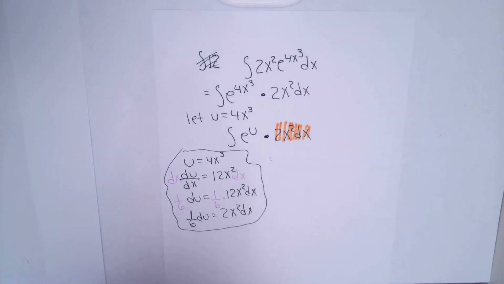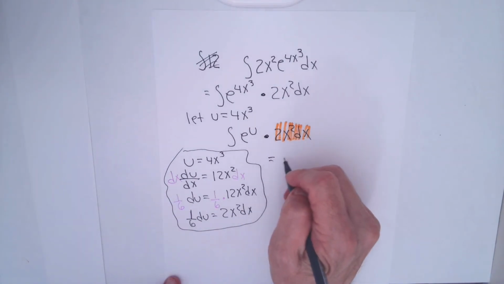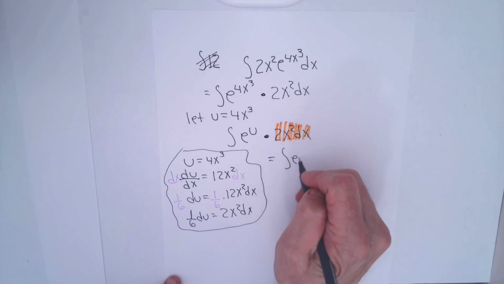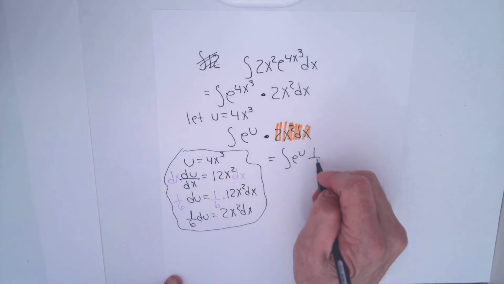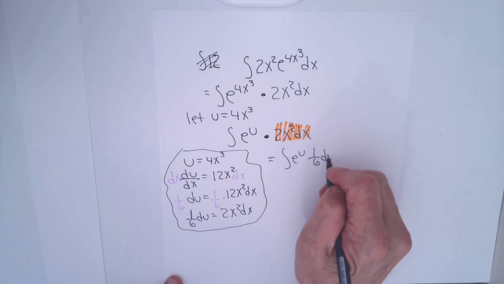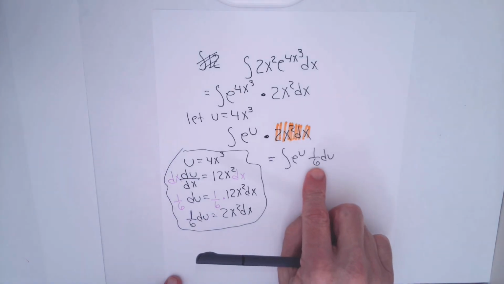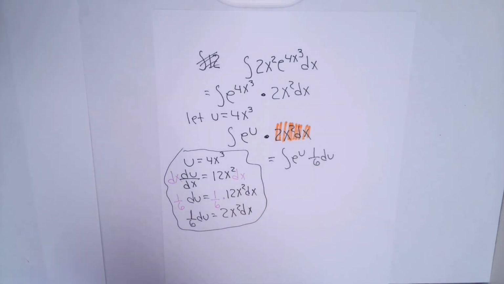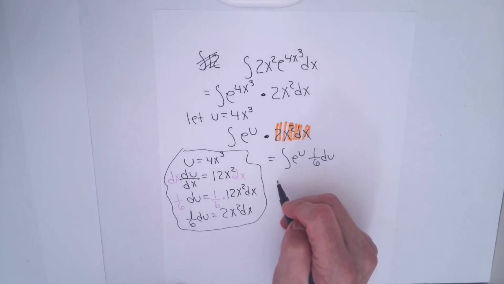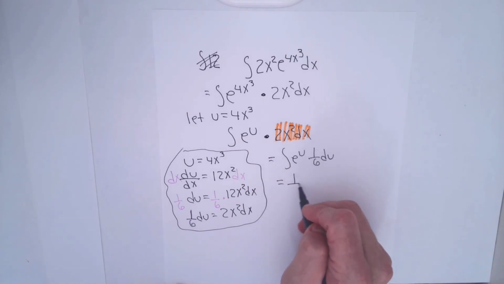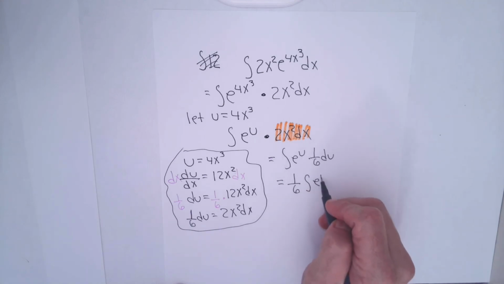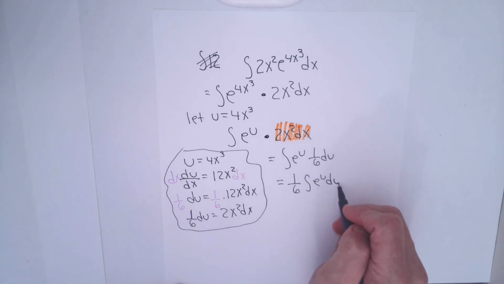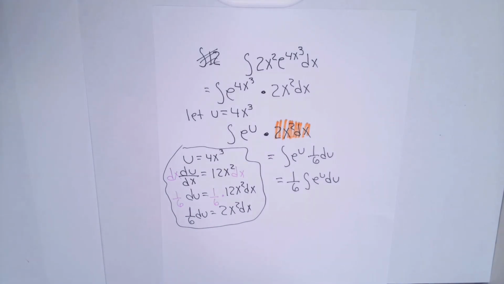So I can rewrite this problem as the integral of e to the u, and in place of 2x squared dx, put 1/6 du. This is a coefficient in hiding. I'm going to pass it through the integral and get 1/6 times the integral of e to the u du.